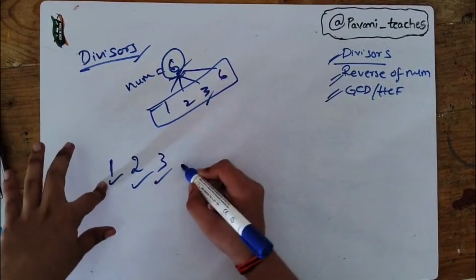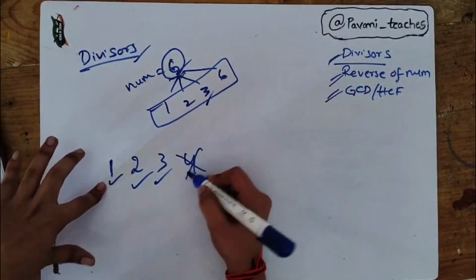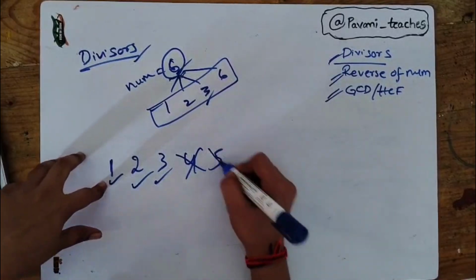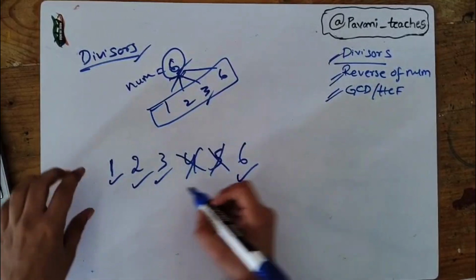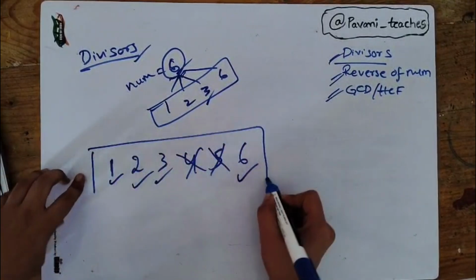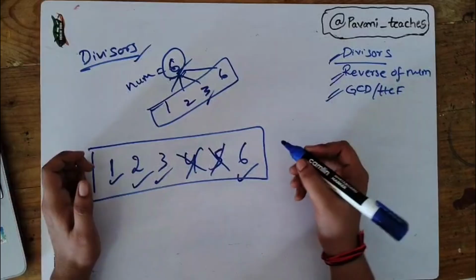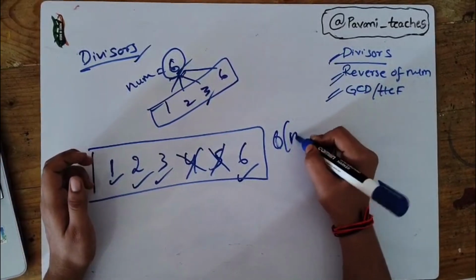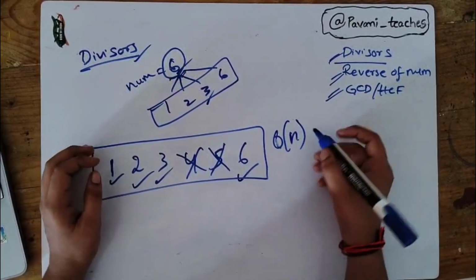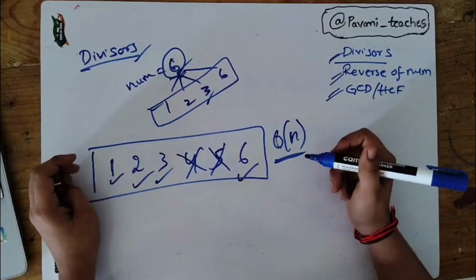Yes. Is 3 dividing 6? Yes. Is 4 dividing 6? No. Is 5 dividing 6? No. Is 6 dividing 6? Yes. That means while checking all these numbers, the loop will run O(n) times, which takes a large time complexity.